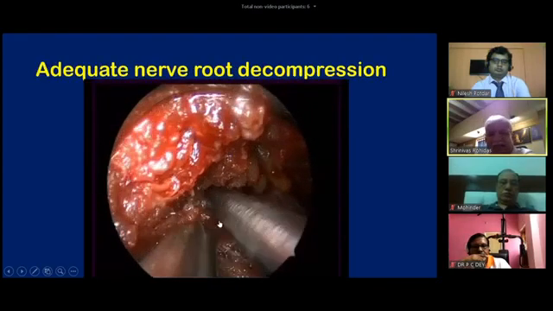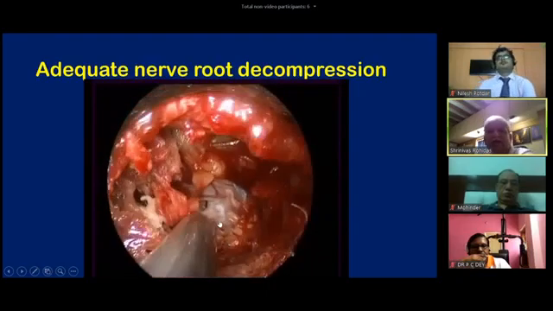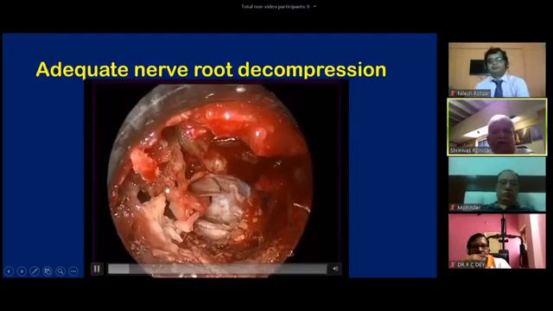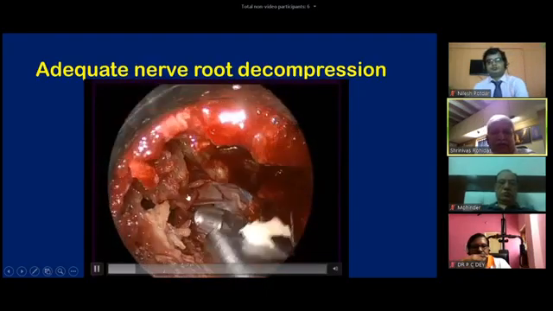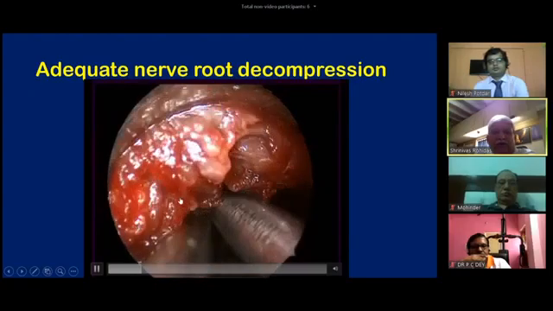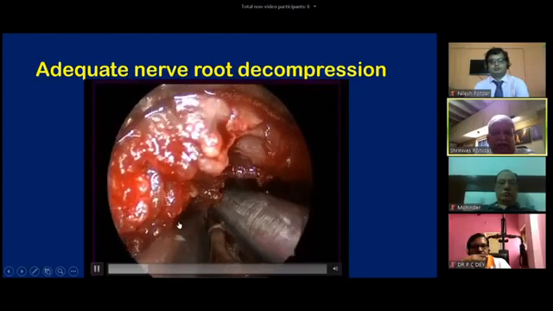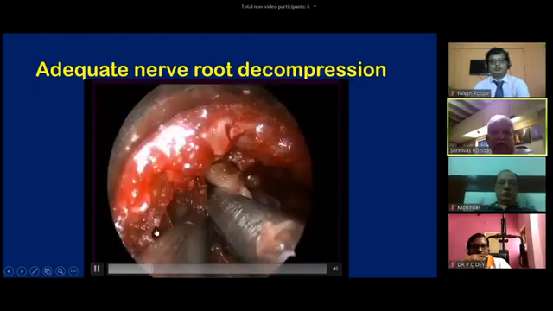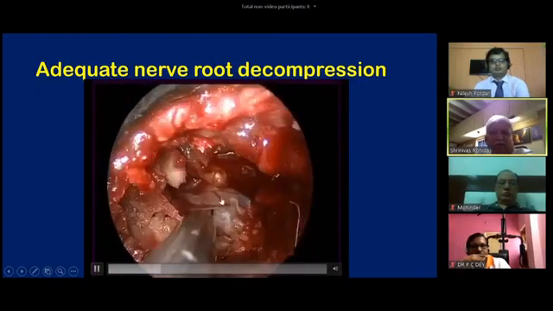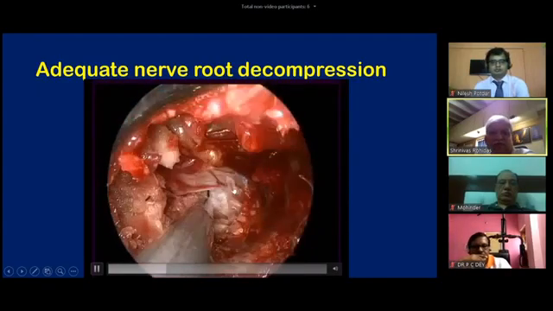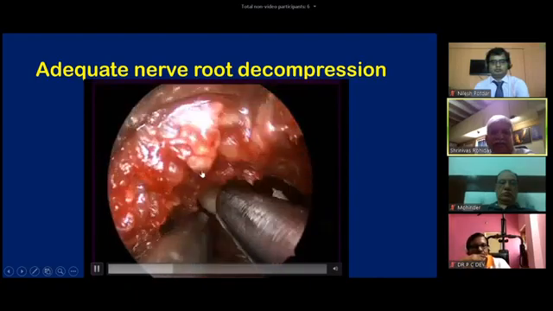And the last step is adequate decompression of the nerve root. Now this is the traversing nerve root. We'll decompress it nicely till it is leaving into the foramen. Now this is the traversing root. Shoulder, axilla is here.